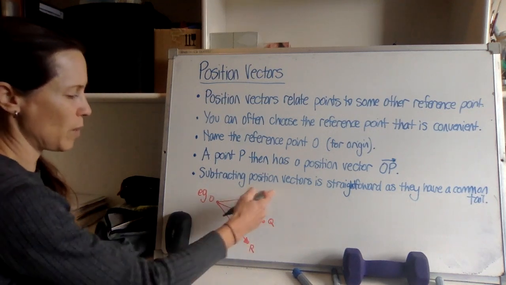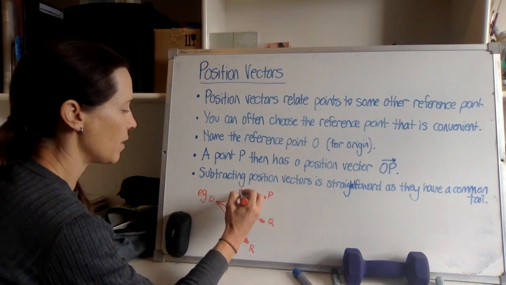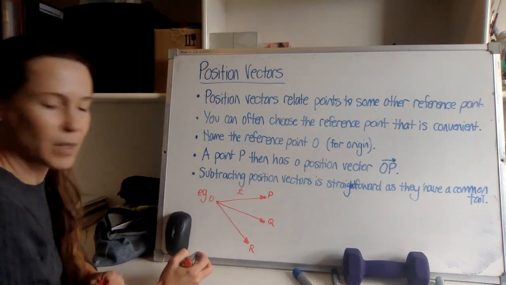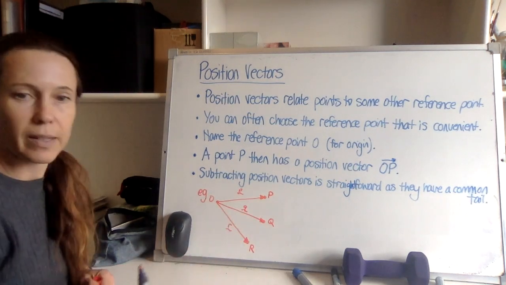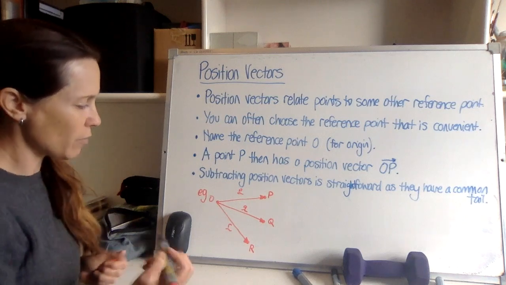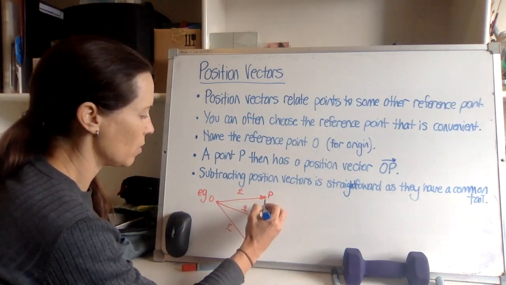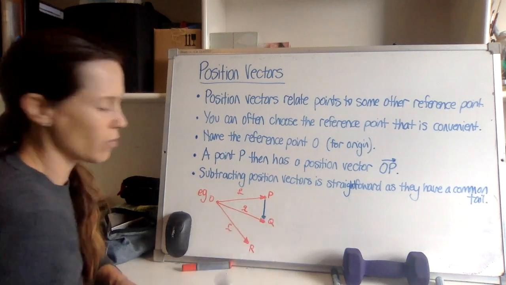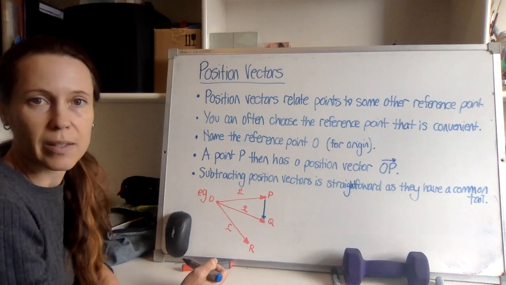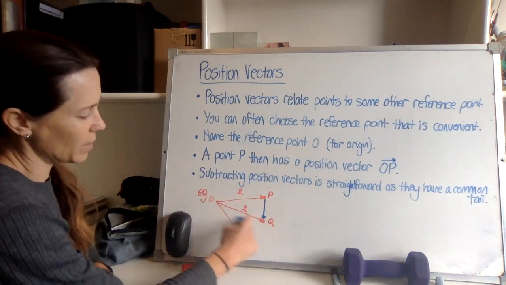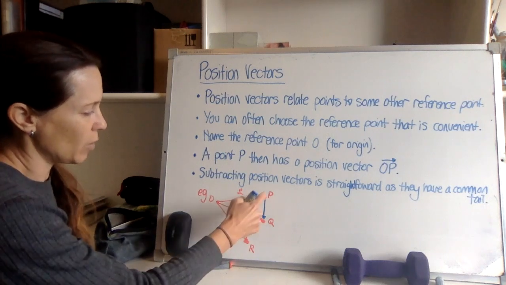So we have OP, OQ, and OR, and these could now have names such as lowercase p, lowercase q, and lowercase r as vectors. So now if we're going, say, from point P to point Q, then sure, we can use a directed interval PQ to show that, but we can also label this distance in terms of the vectors p and q, because to get from here to here, we need to go along here.